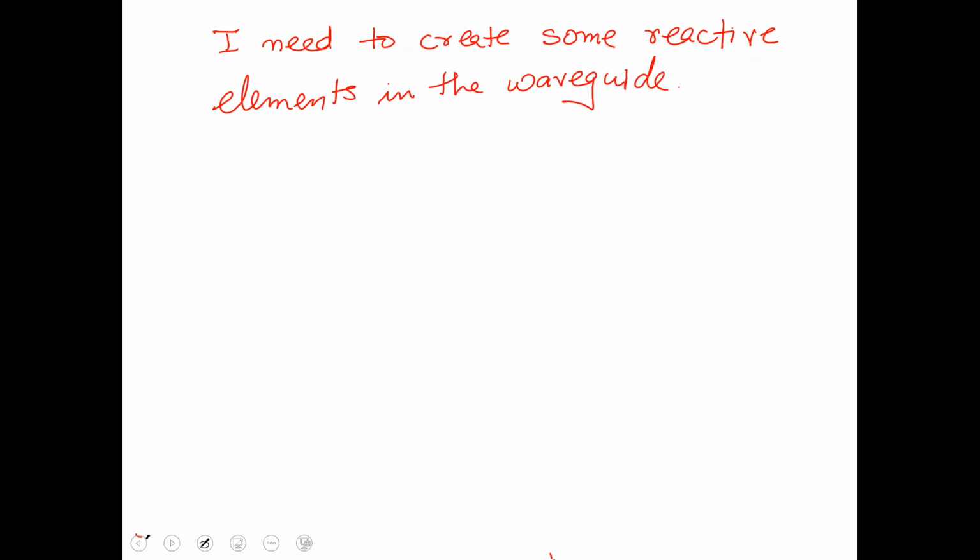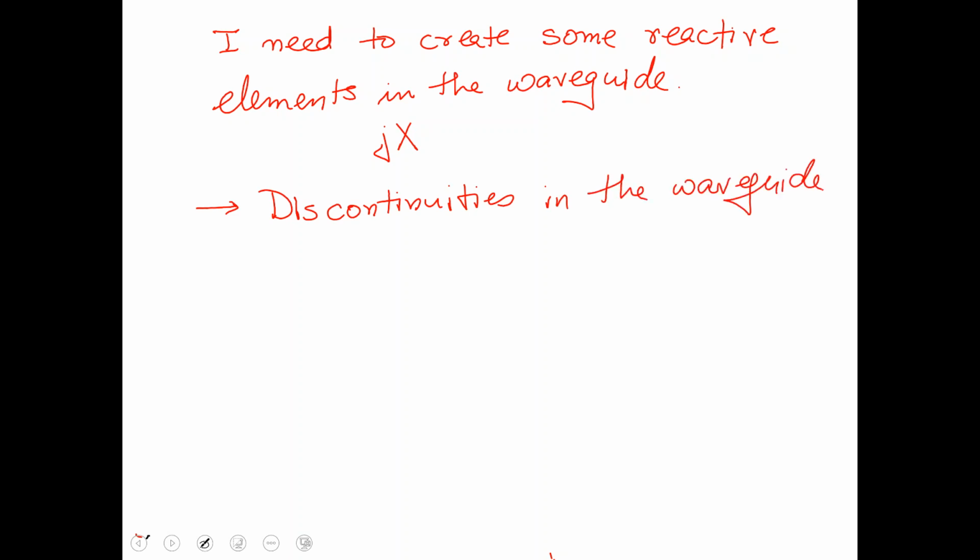I need to be able to create some kind of a jX within the waveguide, in waveguide terms. And this is created by discontinuities in the waveguide. I won't do the maths. The maths is really complex in this case, but I'll show you just how it works.